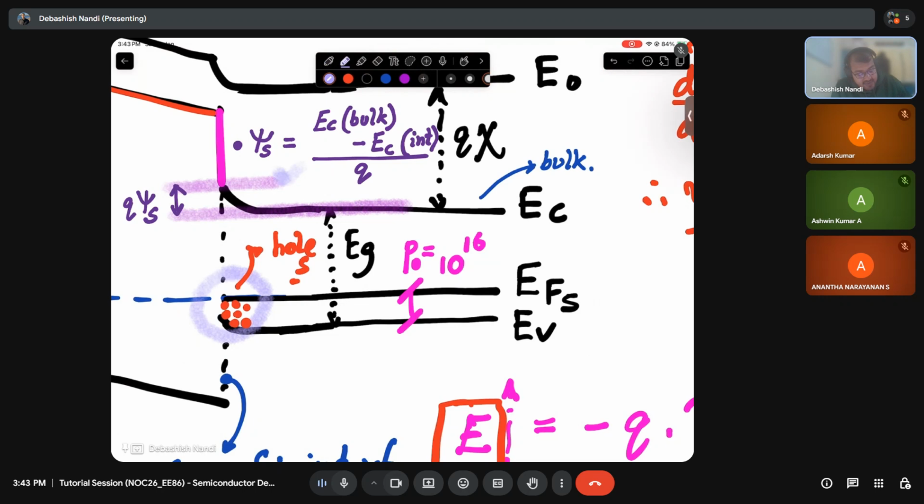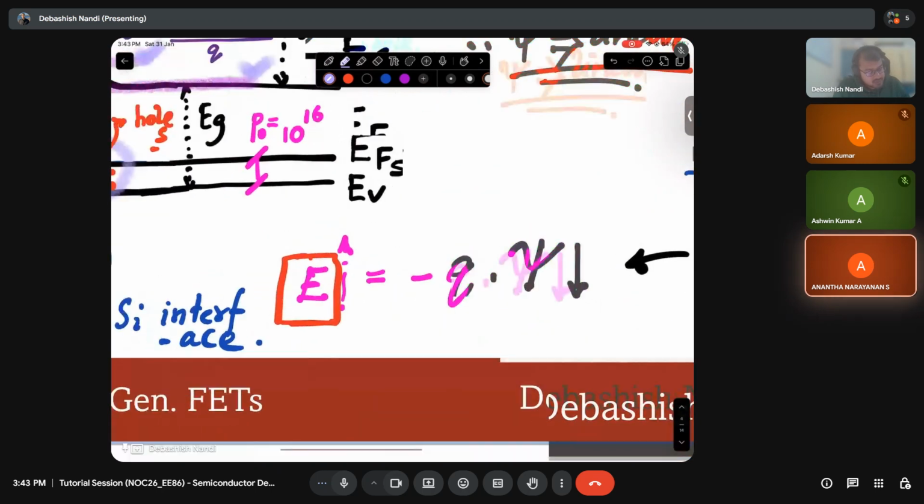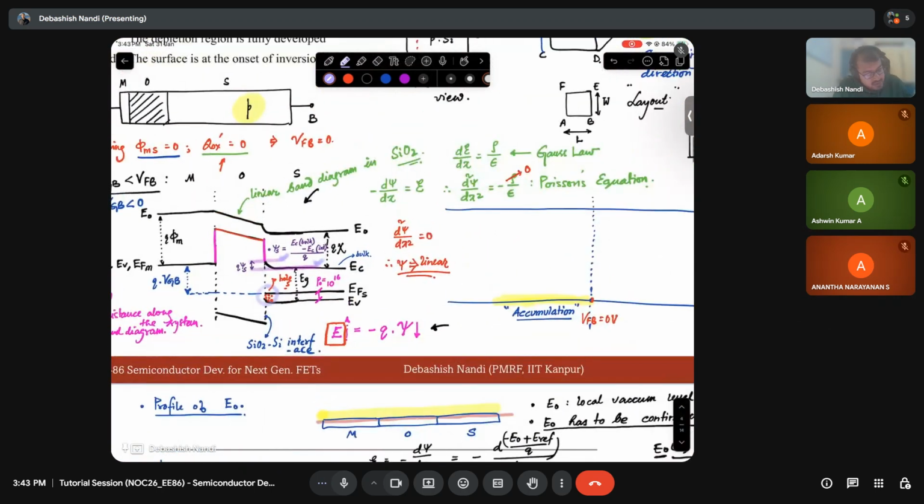This is EC interface, right? And this is EC bulk. So EC bulk is lower than EC interface. That means what? My surface potential sign will be negative. So let's take a value that it is 0.